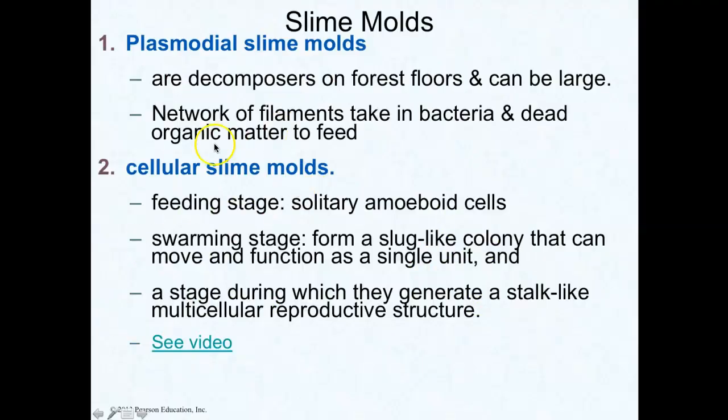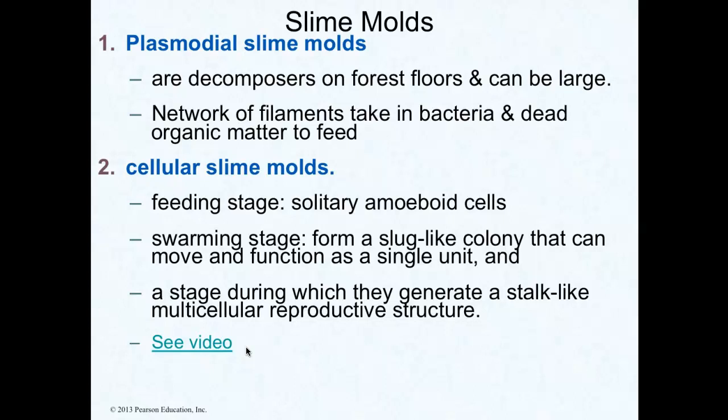Then there's something called the cellular slime mold that looks more like amoeba. This is a really cool video. I'm going to highly recommend you see this video because the cellular slime molds are single-celled, but they come together and form this colony that just starts to organize themselves into one large creature.